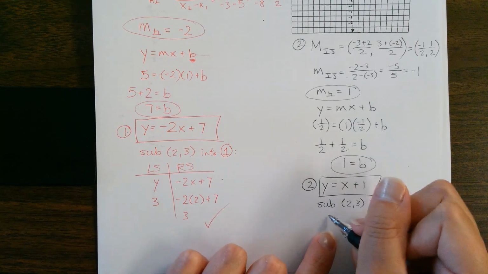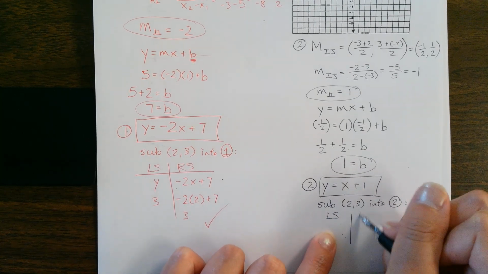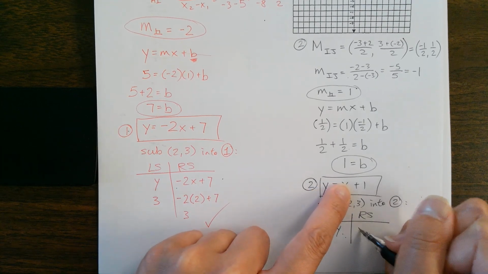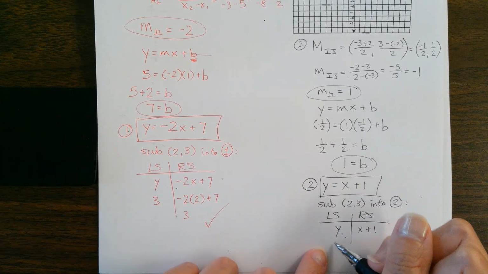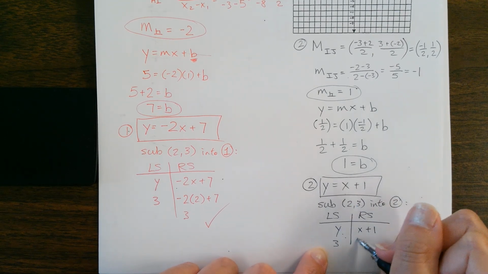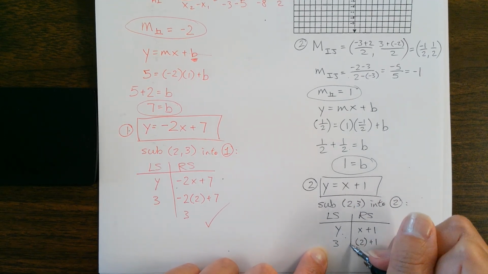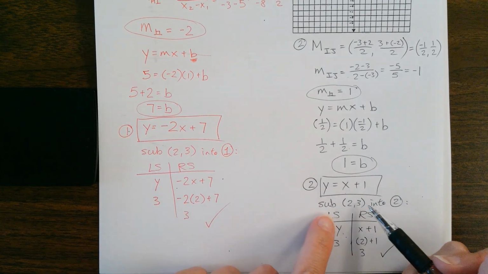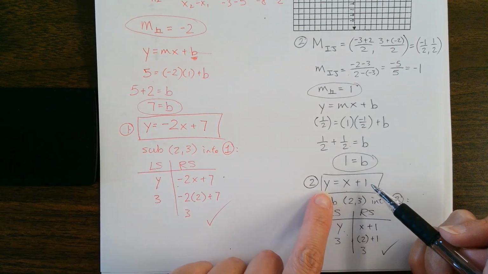Do the same thing. Left side of the equation was y. Right side of the equation was x plus 1. So y is 3. Right side is 2 plus 1. So I also get 3. So that means this point is also on this line.